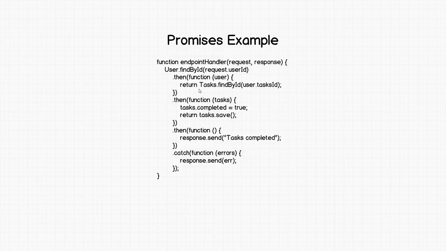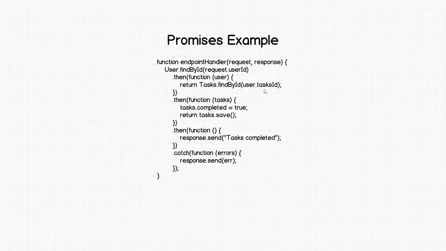Now here we are going to start another async function called tasks.findById. So we just return that, and then we can attach another then to this piece over here, and this part will only get executed once this async operation inside of here is actually completed.